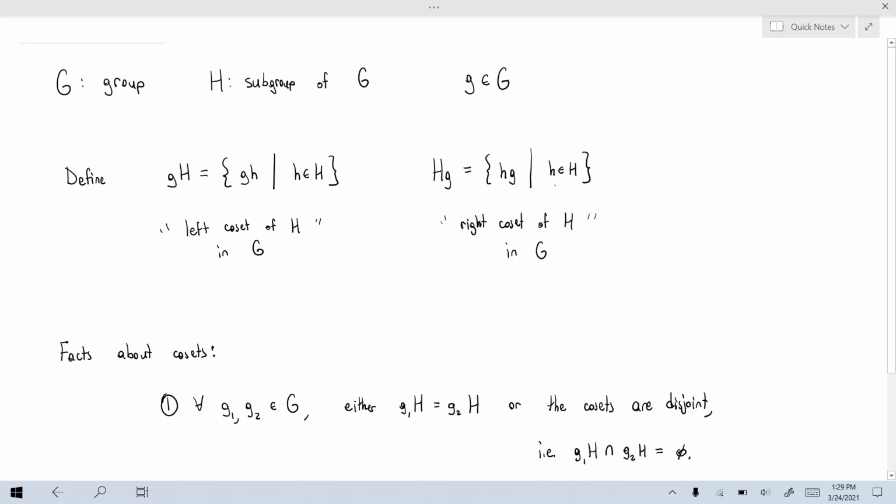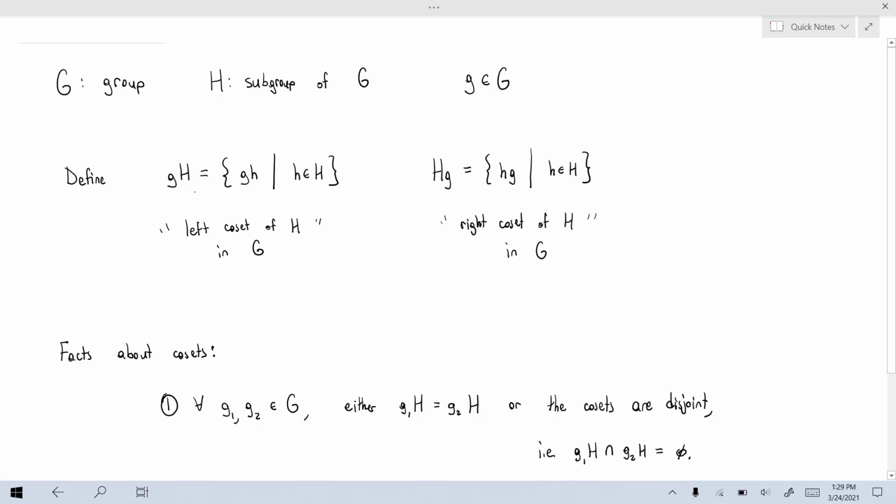Essentially, to get the set gH, you take every element of H and multiply by g on the left. To get the set Hg, you take every element of H and multiply on the right by g.